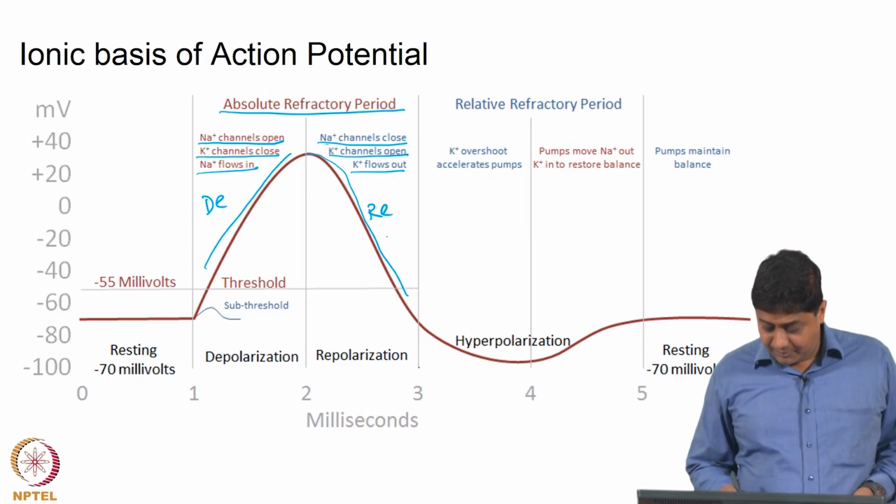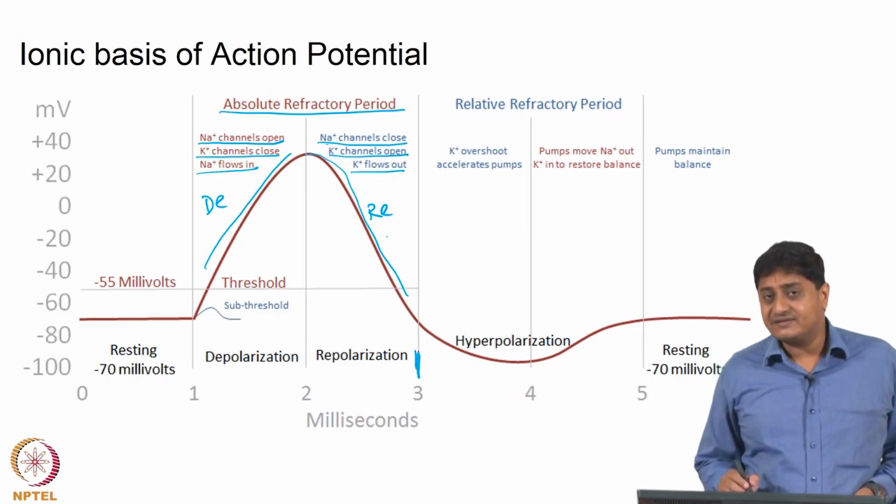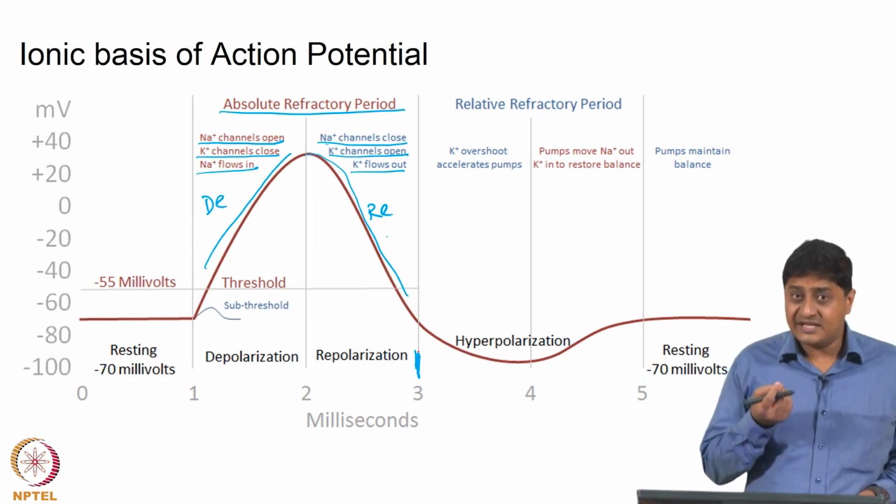But at around that point, say for example that point, what happens is that the voltage gated sodium channel goes back to rest state. What is the rest state? The rest state is that state at which the activation gate is closed and the inactivation gate is open.